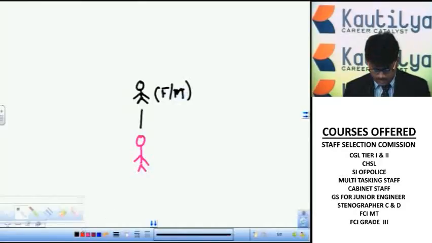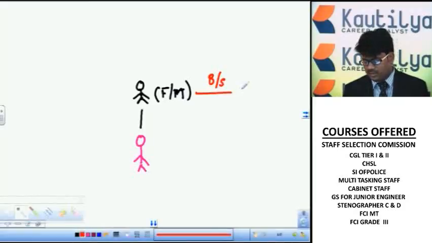The person has a brother or sister. That means our father's brother or mother's brother, or father's sister or mother's sister, is called uncle or aunt.